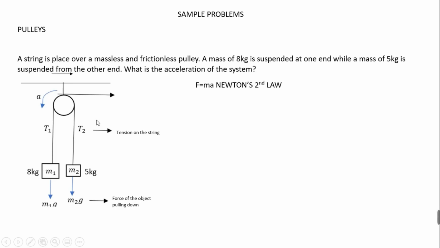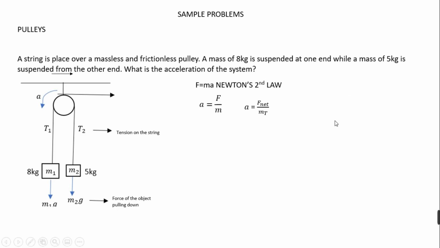To calculate the acceleration, we need to use Newton's second law, which indicates F is equal to ma. Rearranging the formula, we get the acceleration: a is equal to force over mass. Since we have two masses and two forces acting on the system, our formula becomes: a is equal to the net force over the total mass.